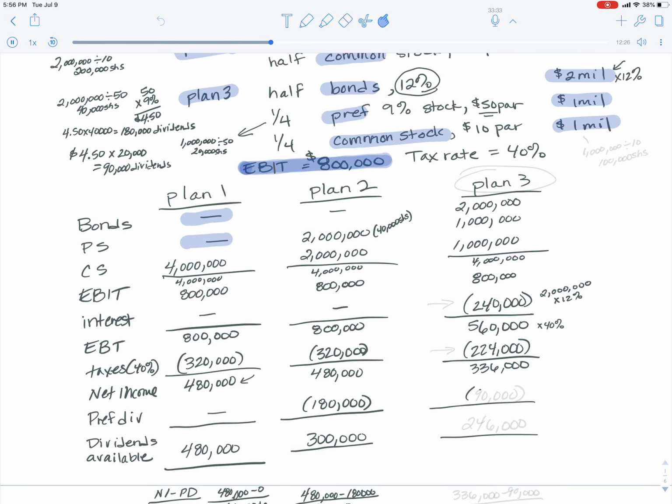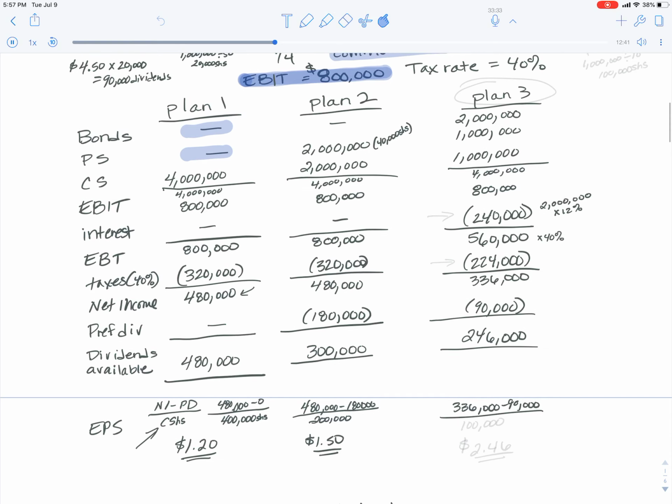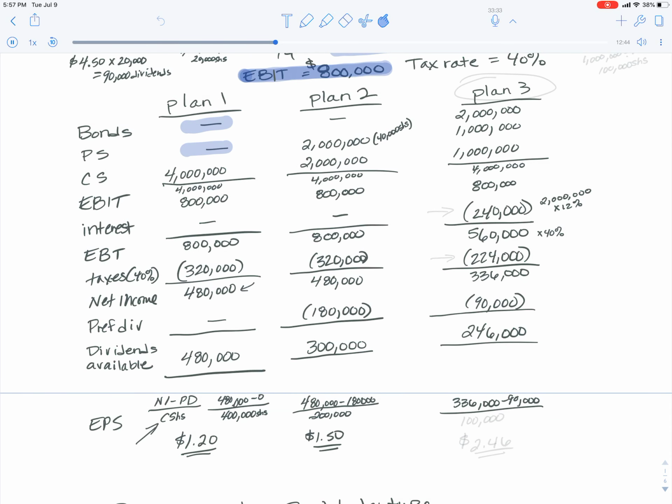So let's subtract that out. 246 is the amount available to pay common stockholders. So 336 minus the 90 is 246 in your numerator.